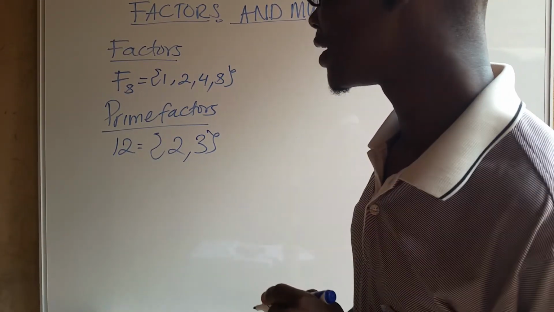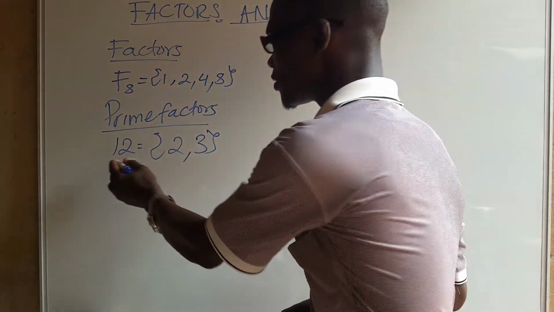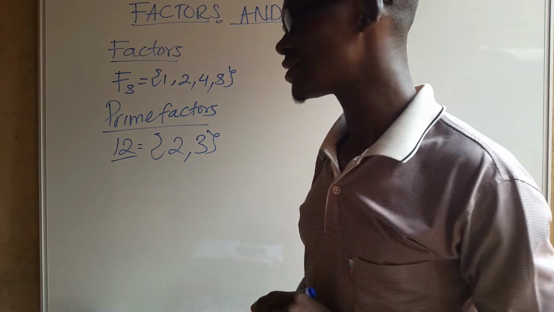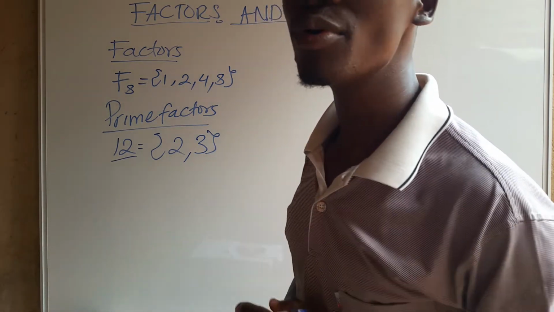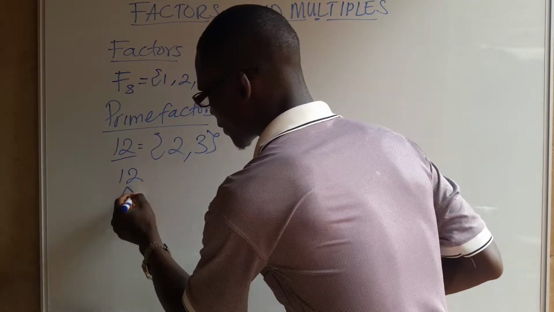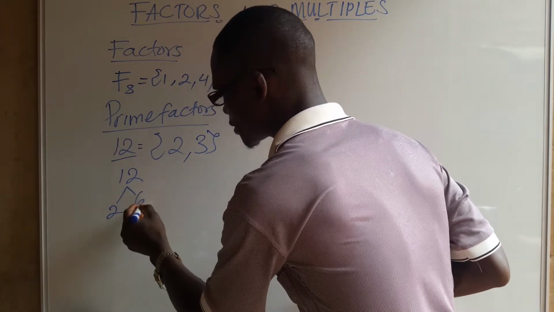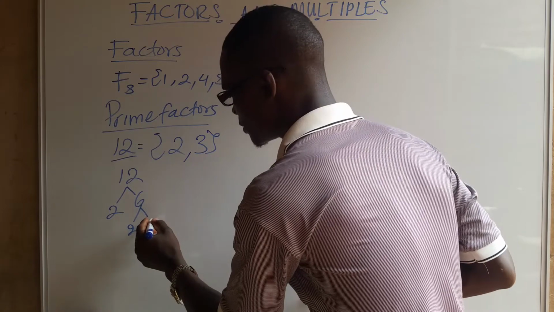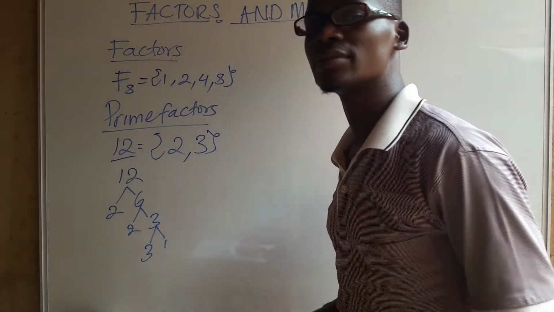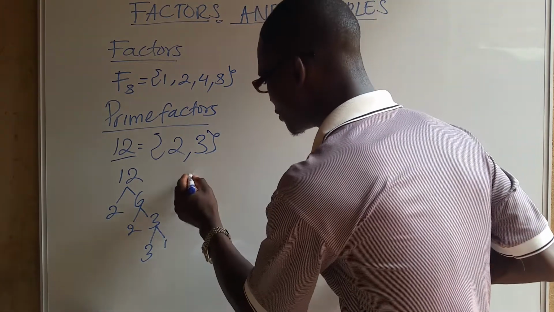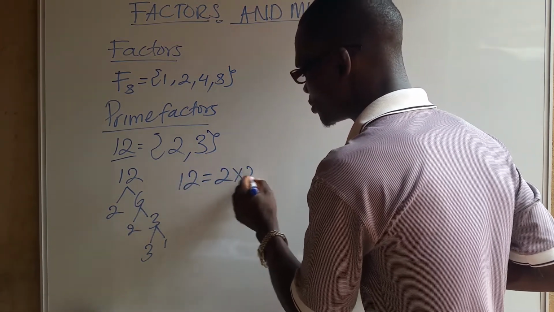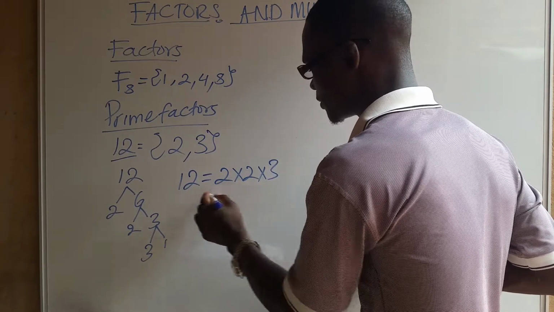Therefore, if we are to express 12 as a product of its prime factors, we shall first decompose 12. That is to say, by 2, 6, by 2, 3, and by 3, 1, which gives us 12 as 2 times 2 times 3.